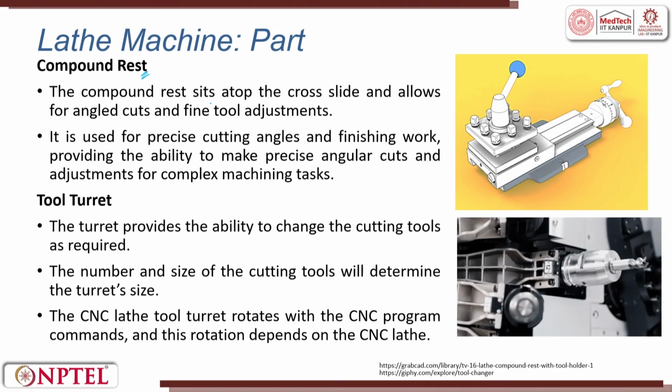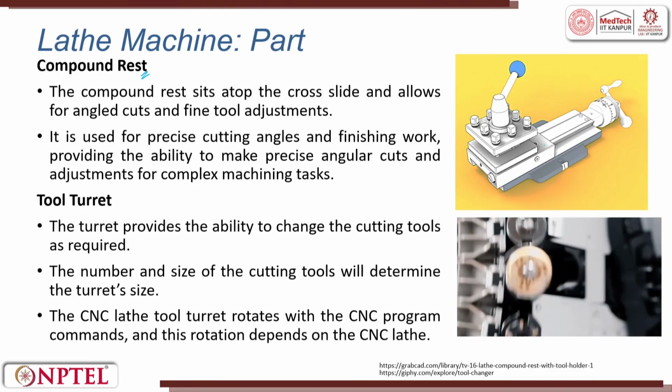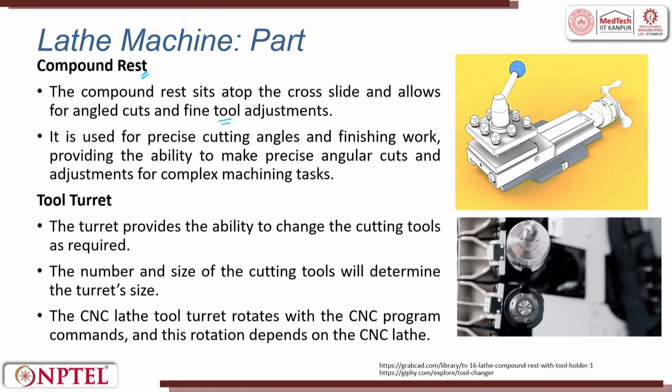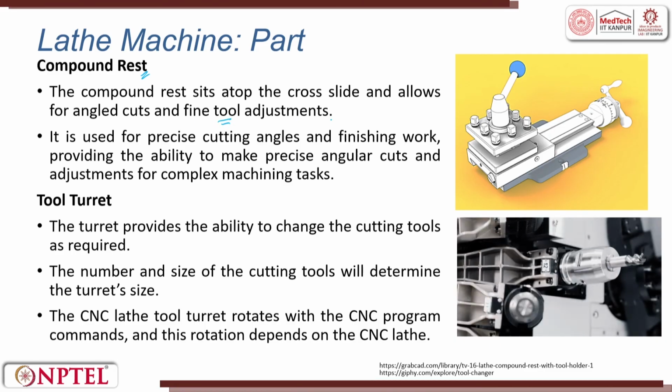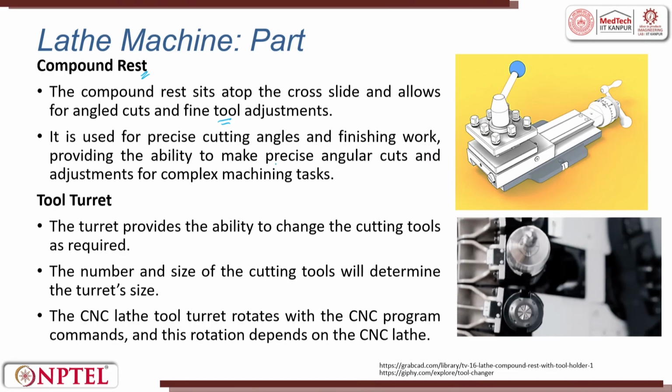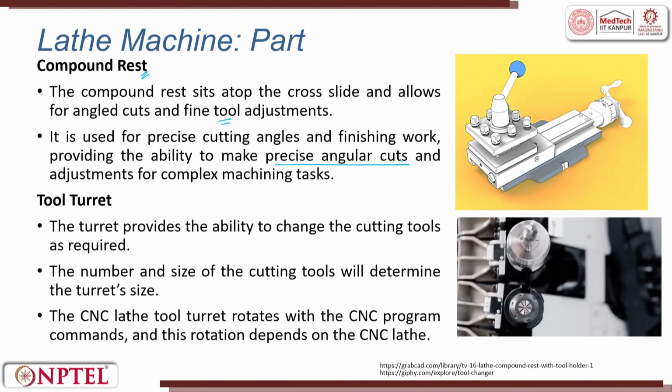Compound rest sits atop of the cross slide and allows for angled cuts and fine tool adjustments. It is used for precise cutting angle and finishing work. It provides the ability to make a precise angular cut and adjustment for complex machining tasks.